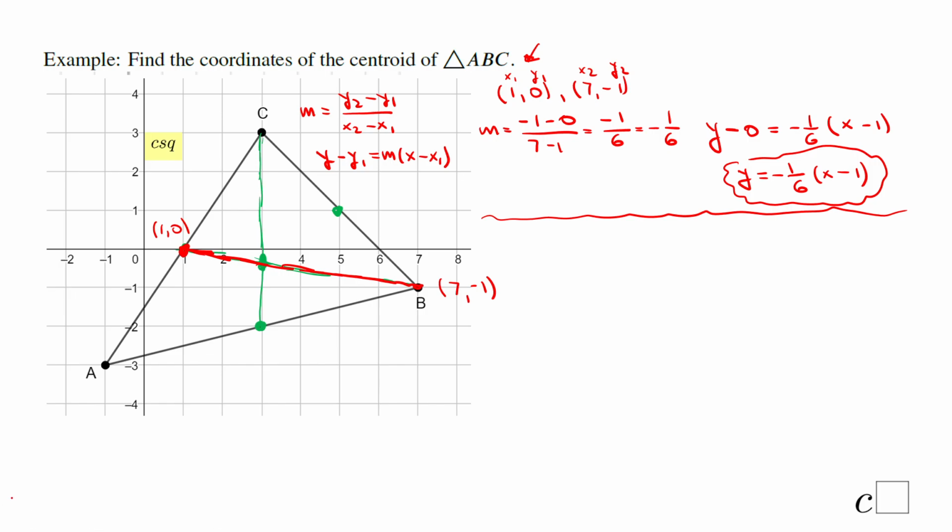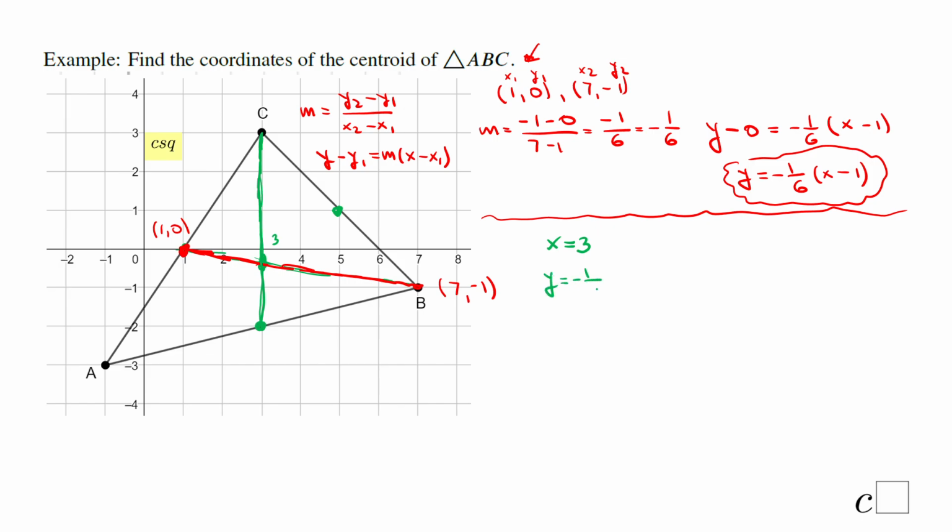Okay, the next line is that green line, this one, which I think is very simple to get, right? It's a vertical line going through this 3 here, so that will be x equals 3. So it's not that complicated. This is the green line, and we need to find the intersection with the red line.